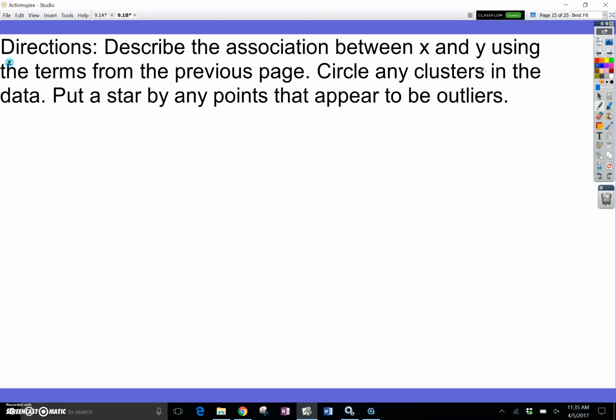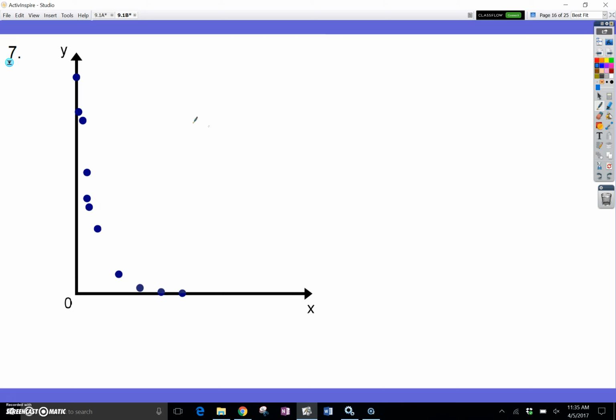All right. It says directions: describe the association between x and y using the terms from the previous page. So we're looking for strong, weak, and perfect association. Right here, it's going in a downwards way. It's not really in a straight line. It's kind of going down like this, and then curves.